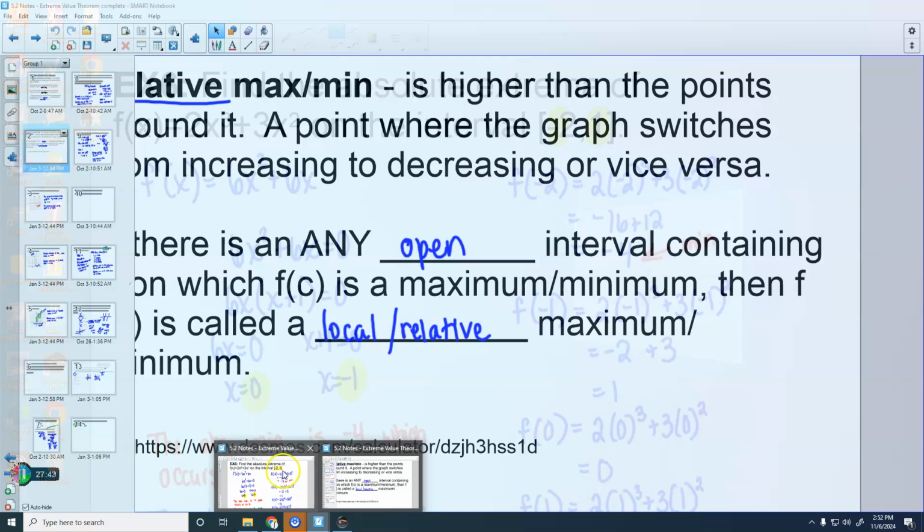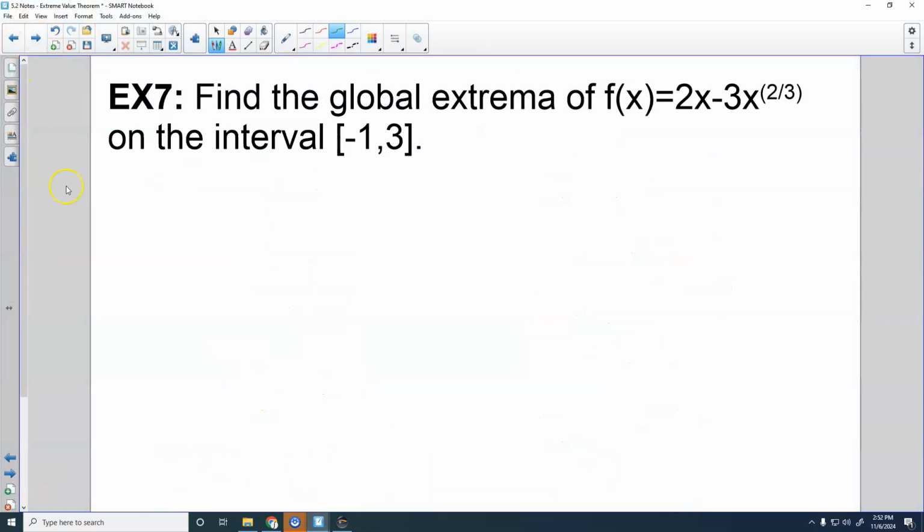Okay, let's keep going. All right, we are supposed to find the global extrema of f of x equals 2x minus 3x to the 2/3 on the interval from -1 to 3. So we've got to find the derivative, find the critical points, then test all of our candidates.